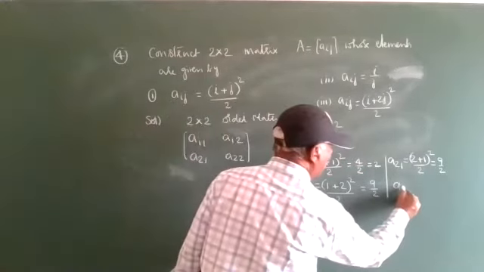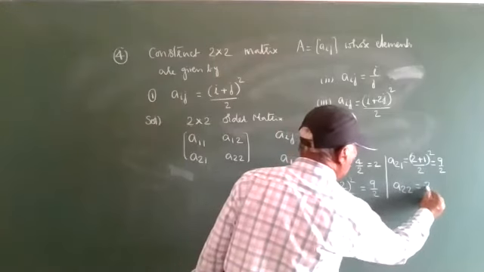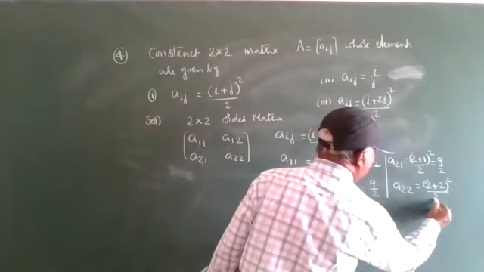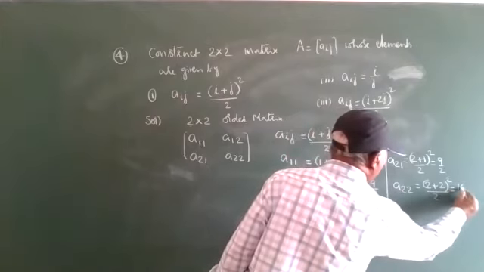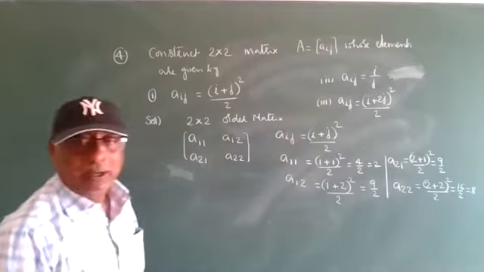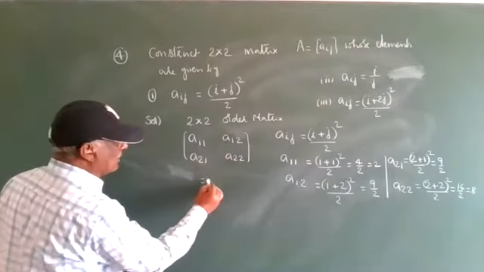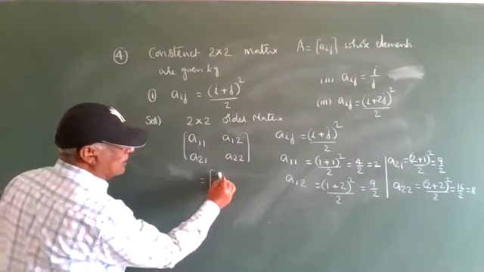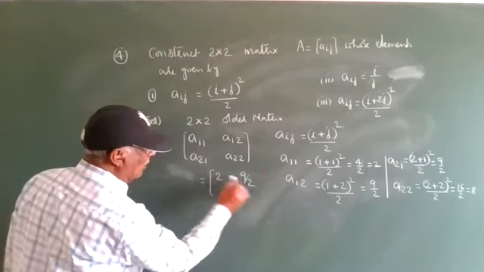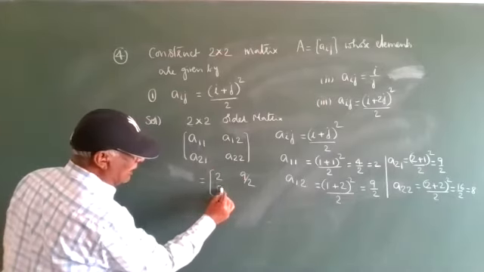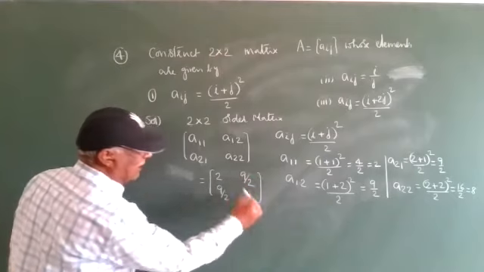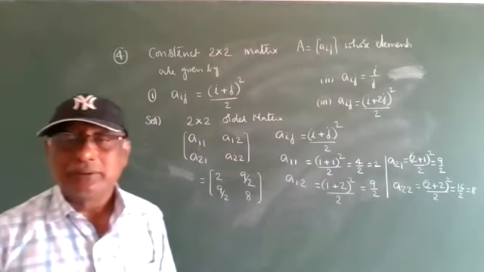A22: i is 2, j is 2, (2 plus 2) whole square by 2, 16 by 2, value is 8. So A11 is 2, A12 is 9 by 2, A21 is 9 by 2, A22 is 8. Problem is completed.